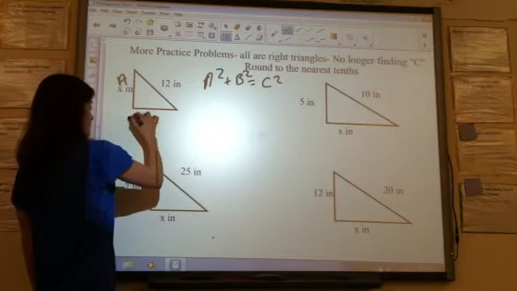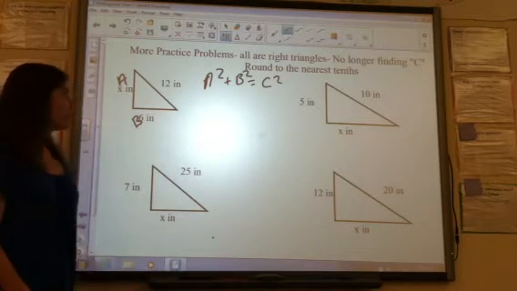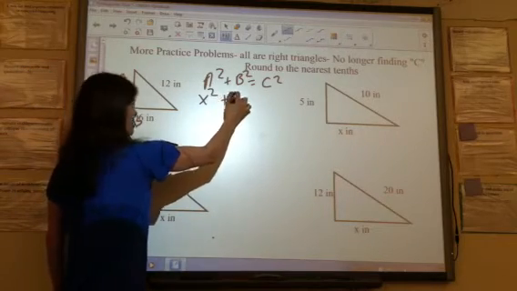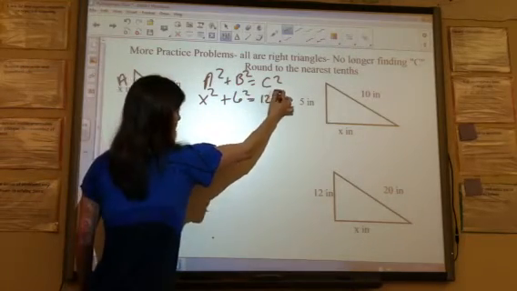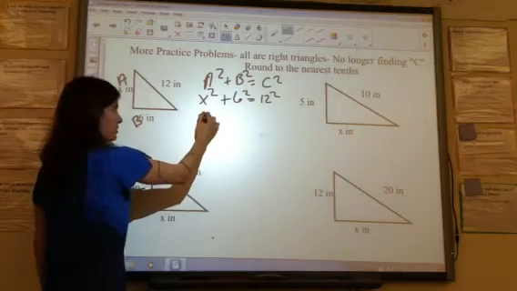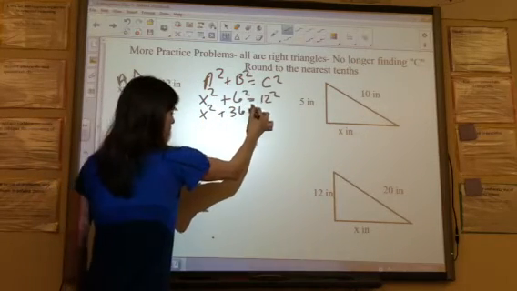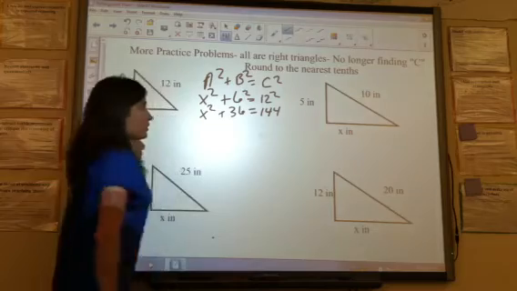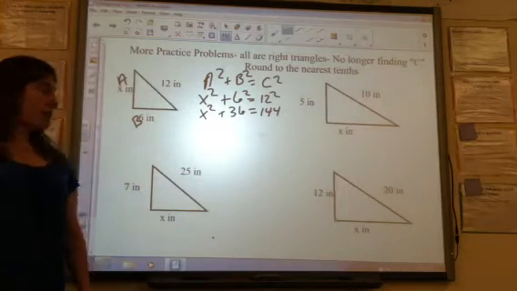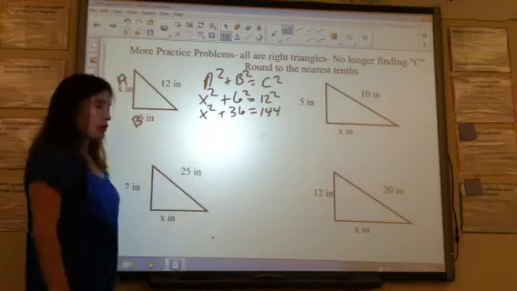You're still allowed to label either of your legs A or B. And then when you go to solve it, you're going to have to do a little more isolating, like I said. When you end up squaring both of your sides and your hypotenuse, you're going to come to a situation where you're going to have to solve.